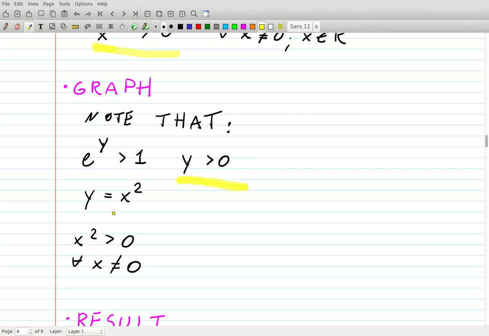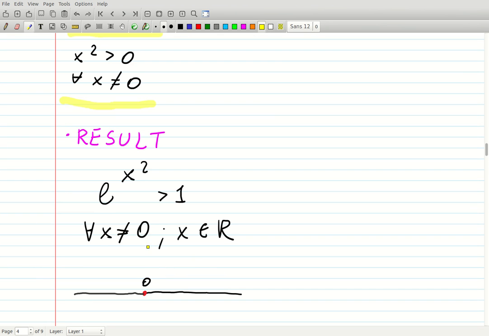But who is y in our exercise? y is x squared. So we have to look for when x squared is greater than 0. But we know this. We know that x squared is greater than 0 for every real x different from 0. So our result will be e to x squared is greater than 1 for every real x different from 0.